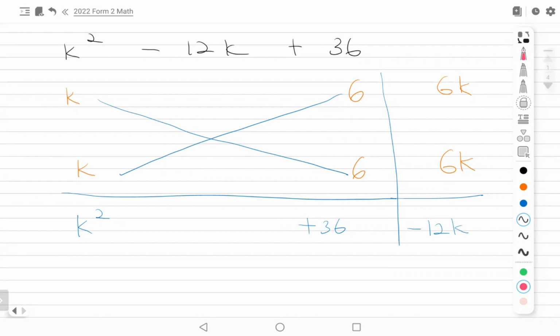Okay, minus, right? Minus 6k, minus 6k, then it becomes negative 12k. So when the symbol here is negative and you need to sum up, then it will become minus, minus. Both also carry negative symbol.